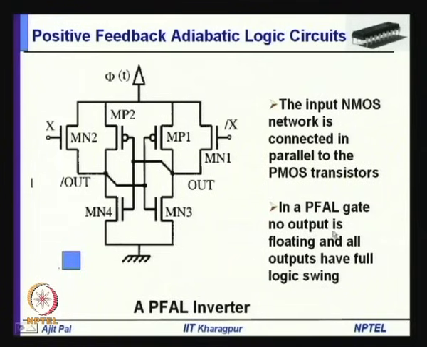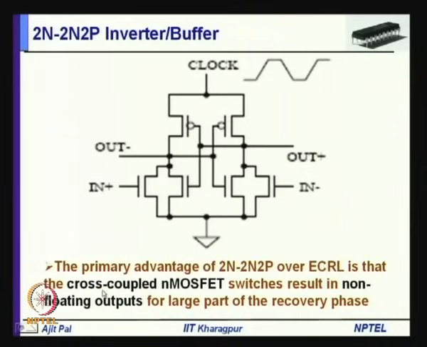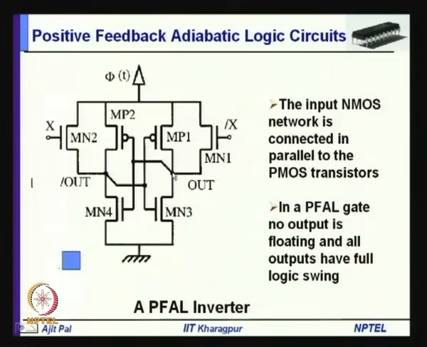In a PFAL gate no output is floating and all outputs have full logic swing. So, just like the 2N-2N2P circuit, here also we get full swing at these outputs, and the outputs do not remain in a floating condition for a major part of the circuit. As a consequence this is also advantageous, and a lot of simulation work has been carried out. I shall discuss them and give their results.